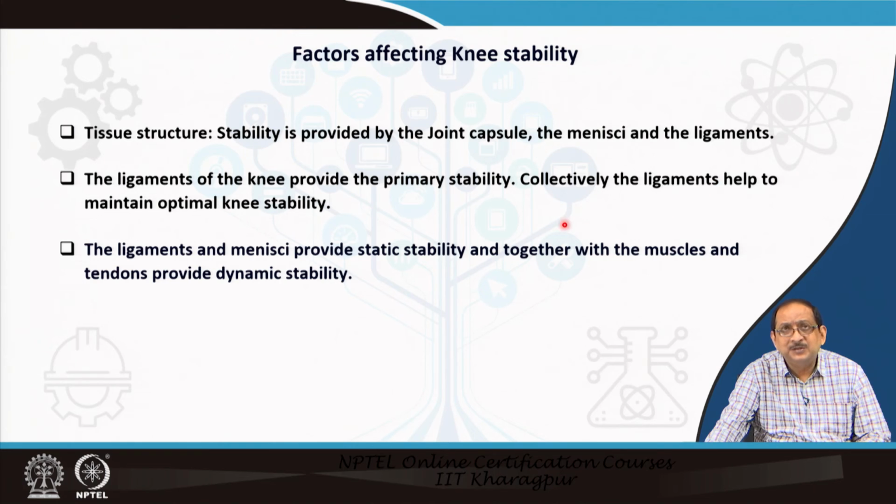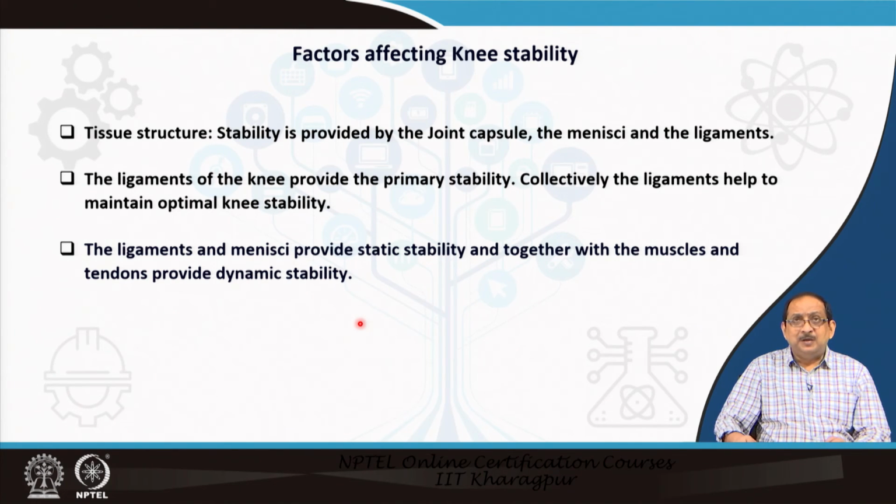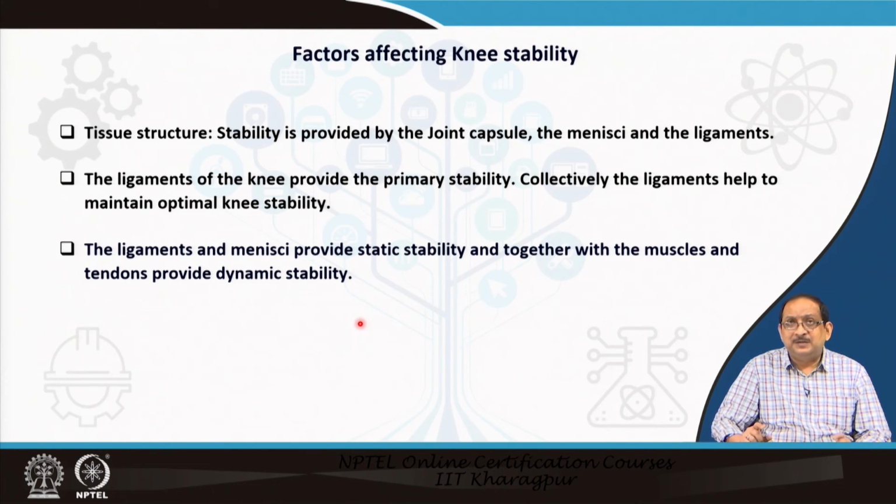The ligaments of the knee provide the primary stability as discussed earlier, and collectively the ligaments help to maintain optimal knee stability. The ligaments and the menisci provide static stability to the knee joint and together with the muscles and tendons provide dynamic stability as well.